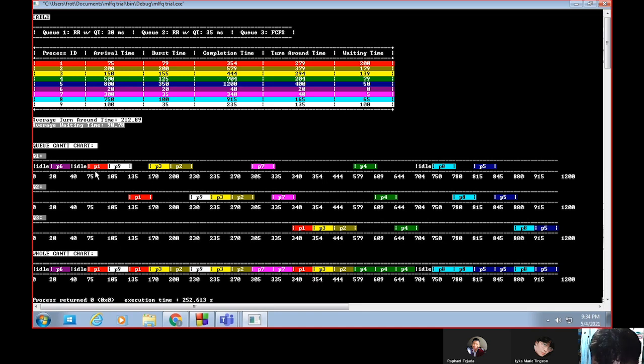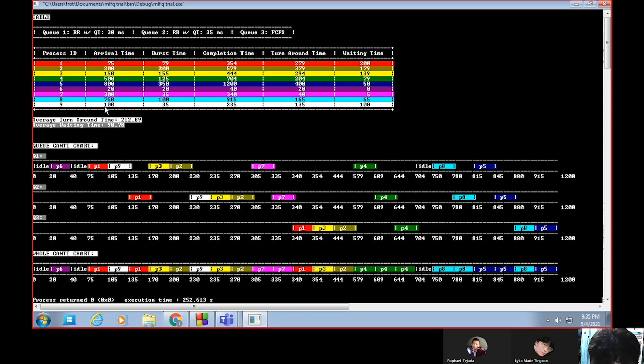So P1 starts at 75 since no process is left in the queue and P1 is the first one in Q1. It runs from 75 up to 105 since the time quantum is 30. Process 1 has a burst time of 79 and only 30 was done, so it still has 49 remaining.